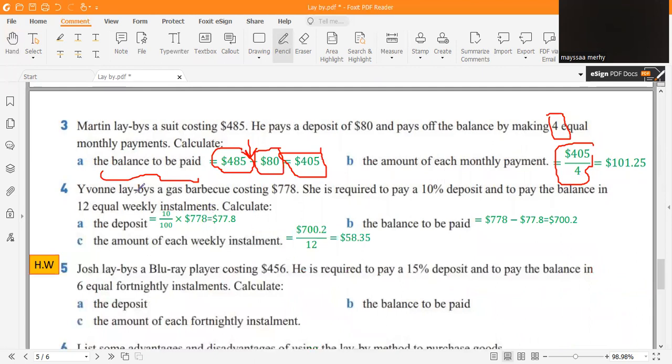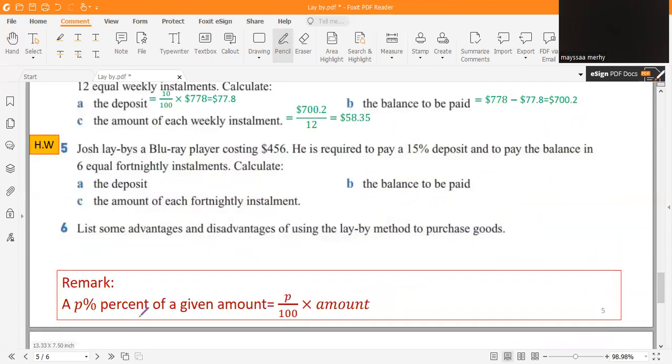Okay, like Evelyn lays by a gas barbecue costing $778. She is required to pay a 10% deposit. So normally here the deposit is a percent of the original cost of the gas barbecue. So how do we calculate the percent of a given amount? We multiply the given amount by P over 100.